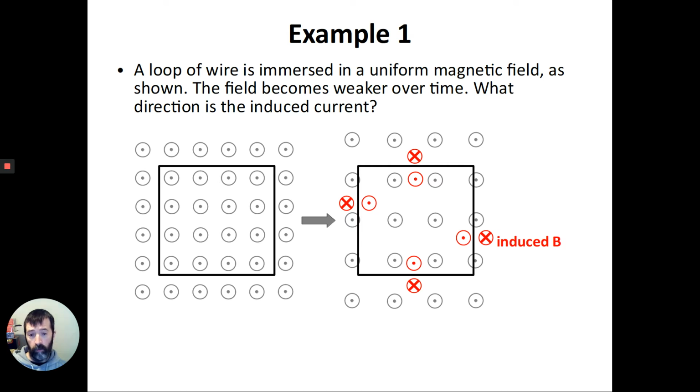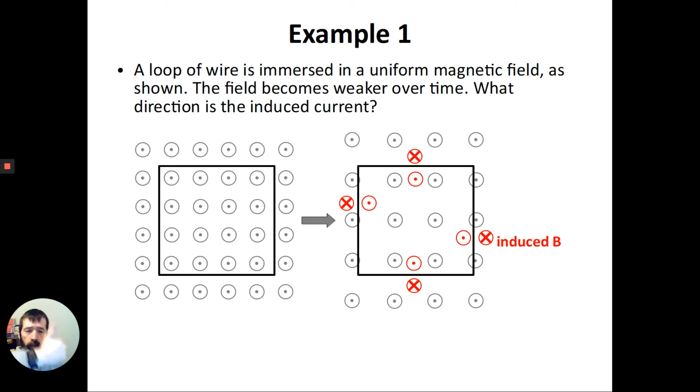Now I need to think about the direction of the current. So I'm going to use the field production right-hand rule. I'm going to think about the right edge of the wire loop here. And I want to get my hand not taking up the whole bubble. So the current could either flow up or down on that edge.